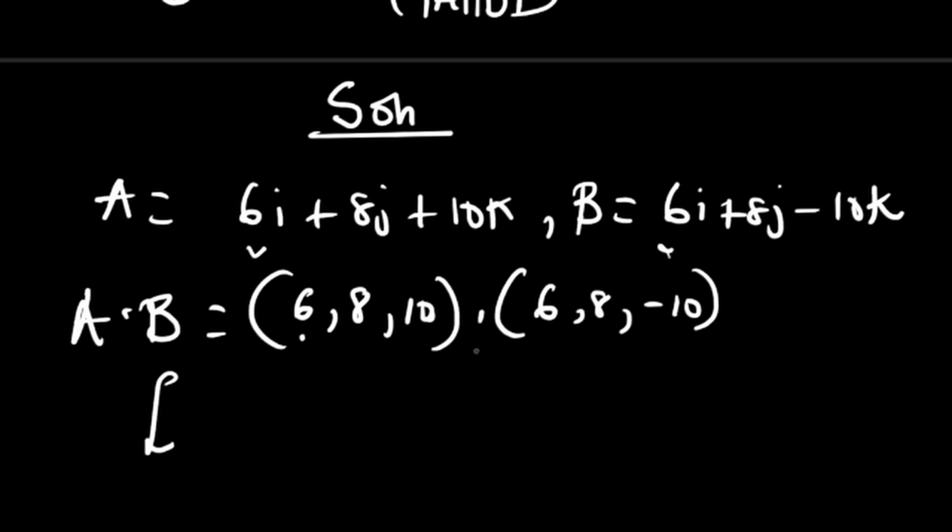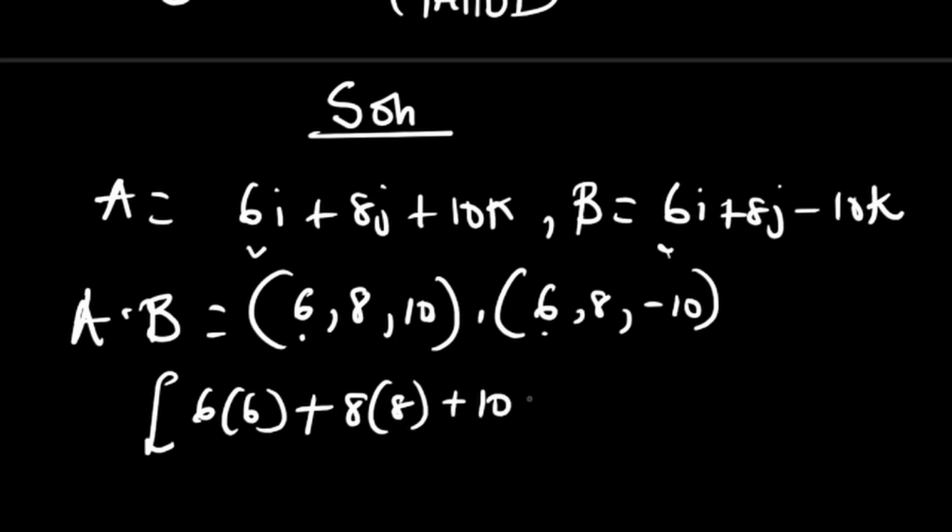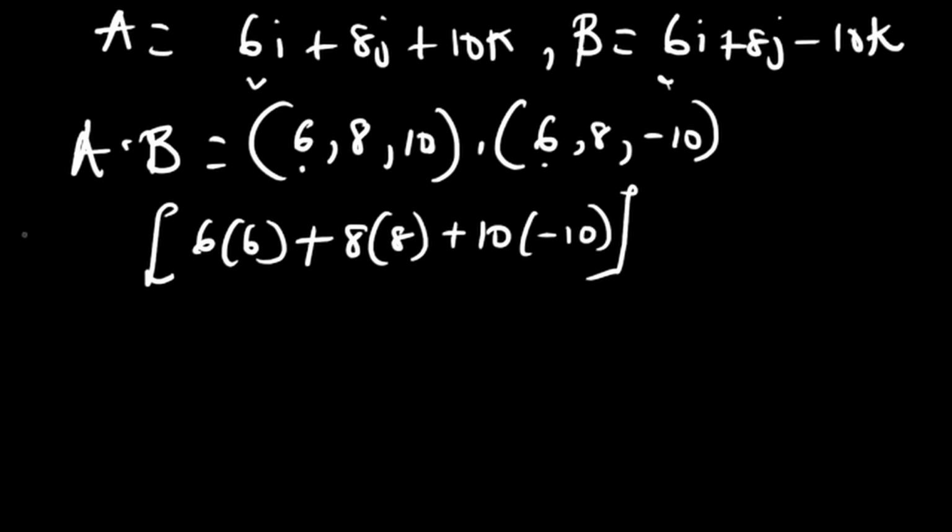So we say 6 multiplied by 6, then plus, j for j, 8 multiplied by 8, and then k for k, this is now going to be plus 10 multiplied by minus 10. So let's go ahead and multiply them out and solve.